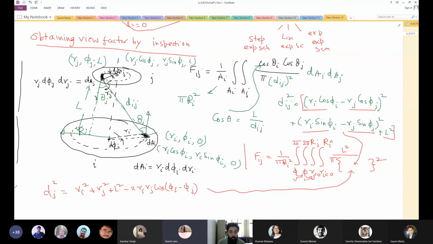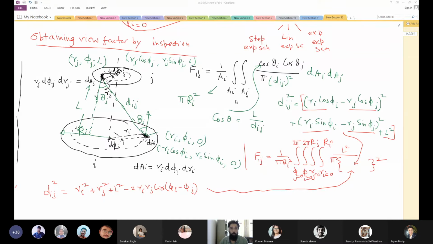So let us move ahead. So now let us go to a solution of problem number 3. So problem number 3 will require us to use view factor.